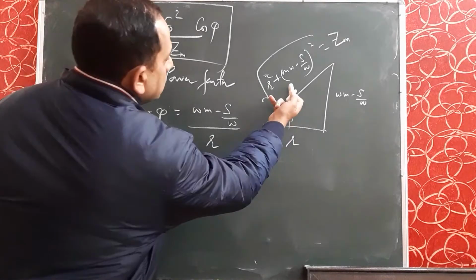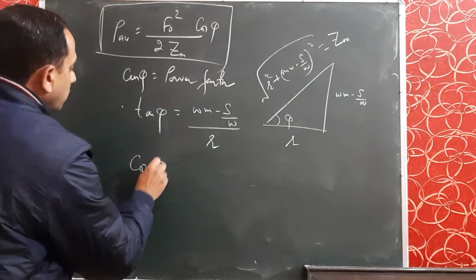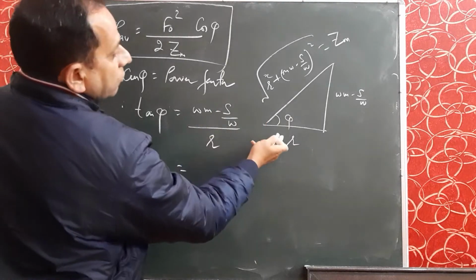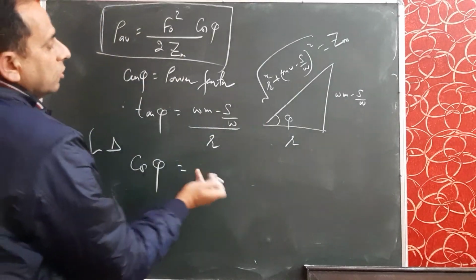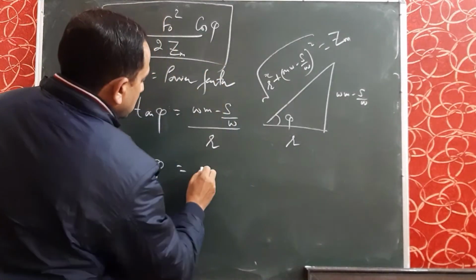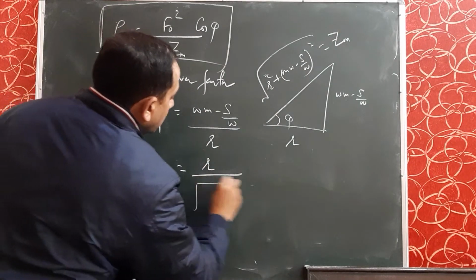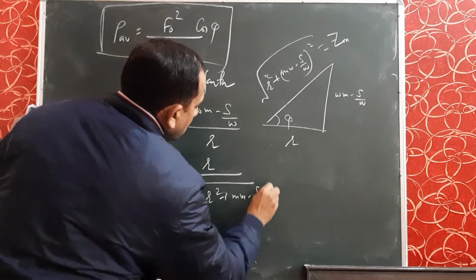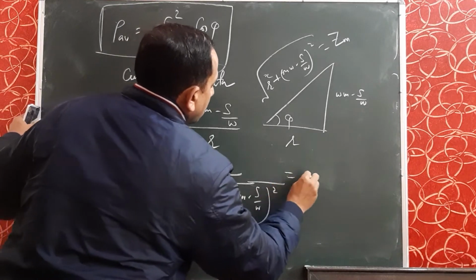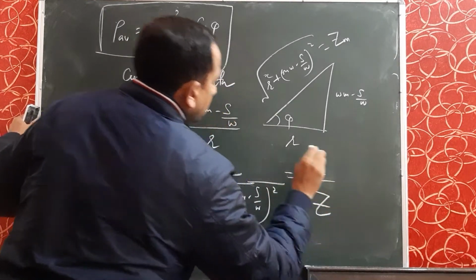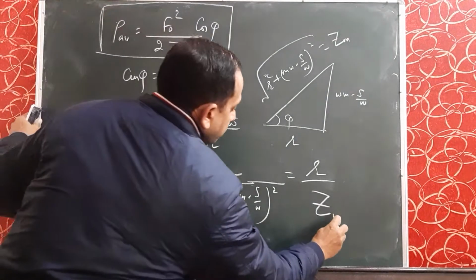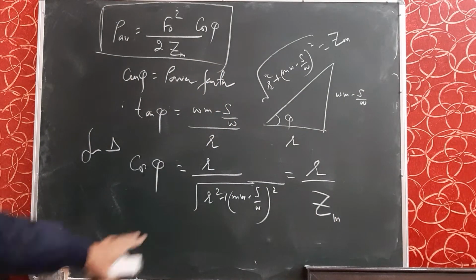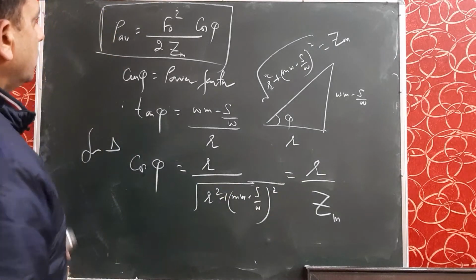So you may find the value of cos phi from the triangle. What is cos phi? Base upon hypotenuse, r upon under root r square plus (omega m minus s by omega) whole square, which may further be written as r by Zm, mechanical impedance Zm.